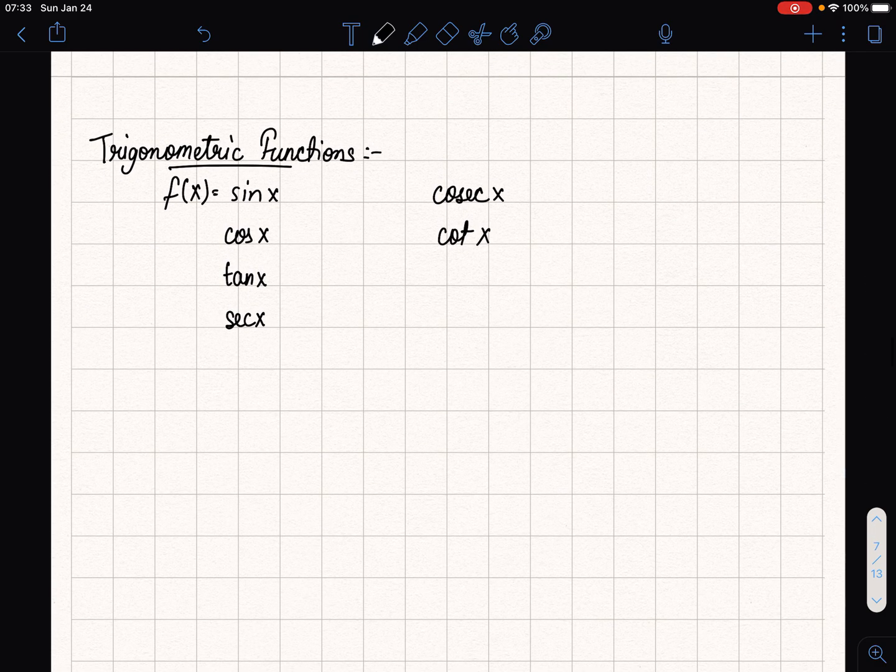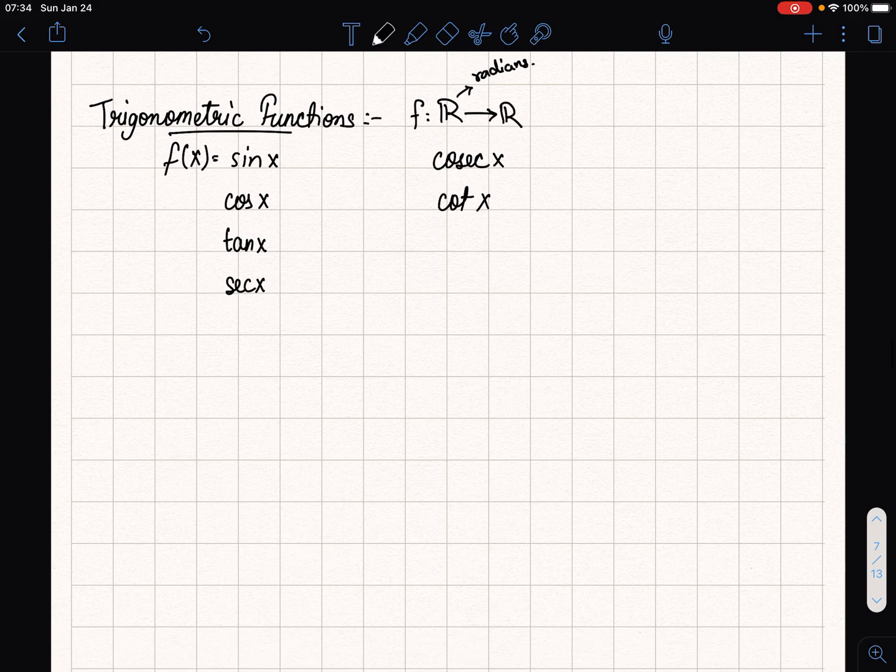Next comes a very important section of functions known as the trigonometric functions. The trigonometric functions are usually functions defined on an interval or a function defined from R to R, where in this R we usually deal with radians. So we look at the graph of all the 6 functions.